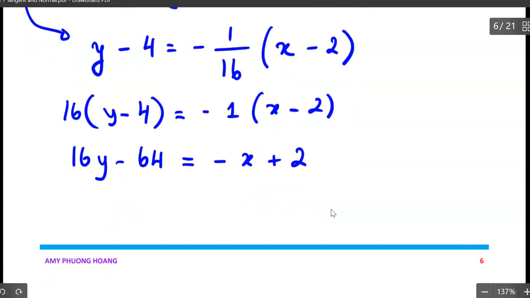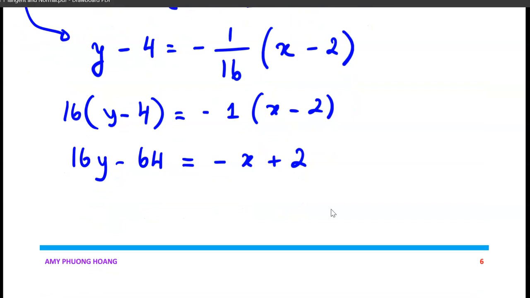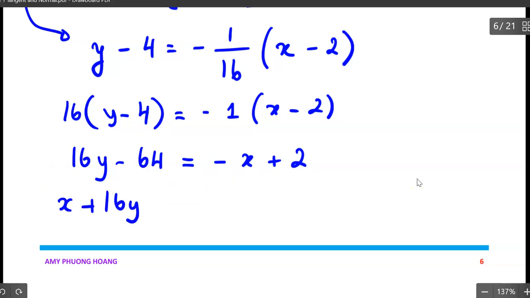Alright, then all you have to do now is bring all of this over to this side of the equation and let the other side equal 0. So I will have x plus 16y subtract 64 subtract 2 equal to 0.